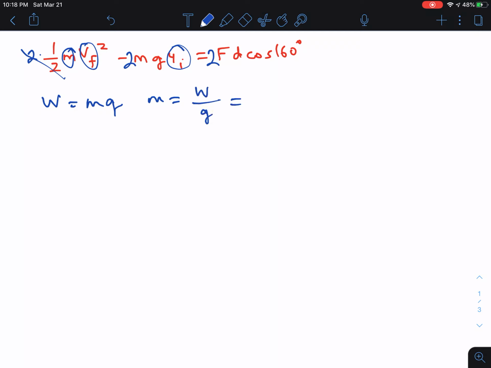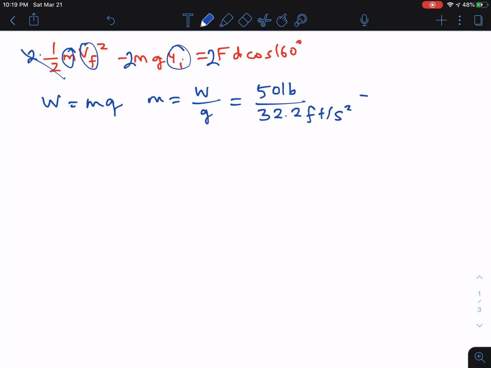The values are given in English units, so the weight force is 50 pounds. And divide that by the gravitational acceleration in English units. It is 32.2 feet per second squared.